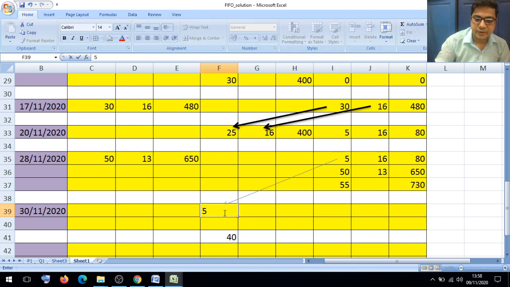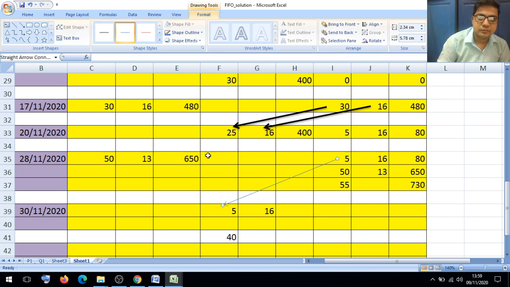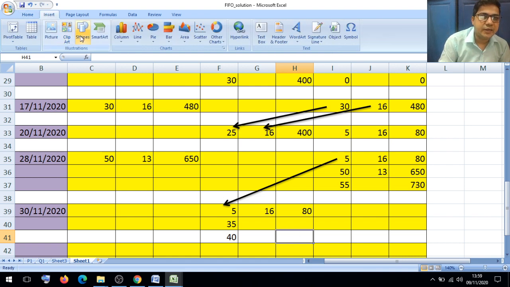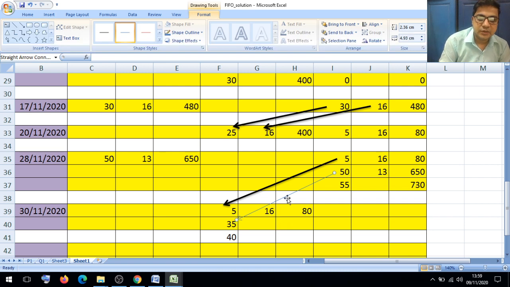We have to write 5. Their 5 units rate is 16. We have to keep 16. Value is 80 rupees. Now still we want to sell 35 units, and 35 units we can bring from this rate 13. 35 units we can bring from this rate 13.